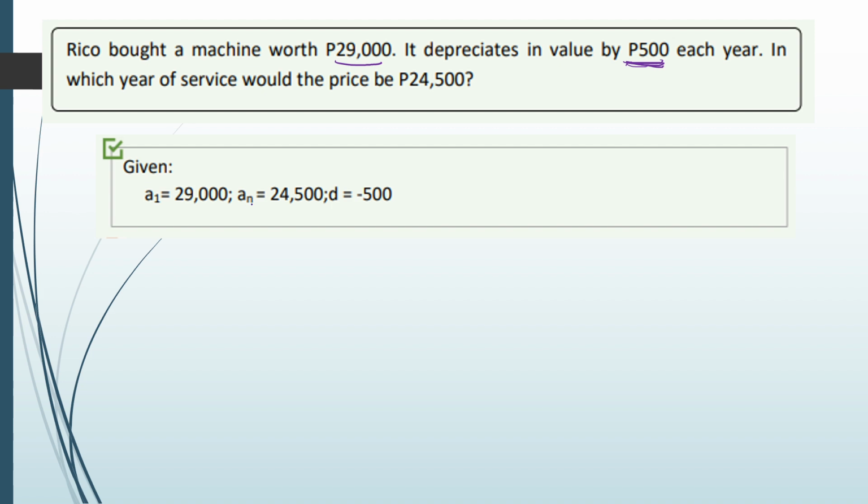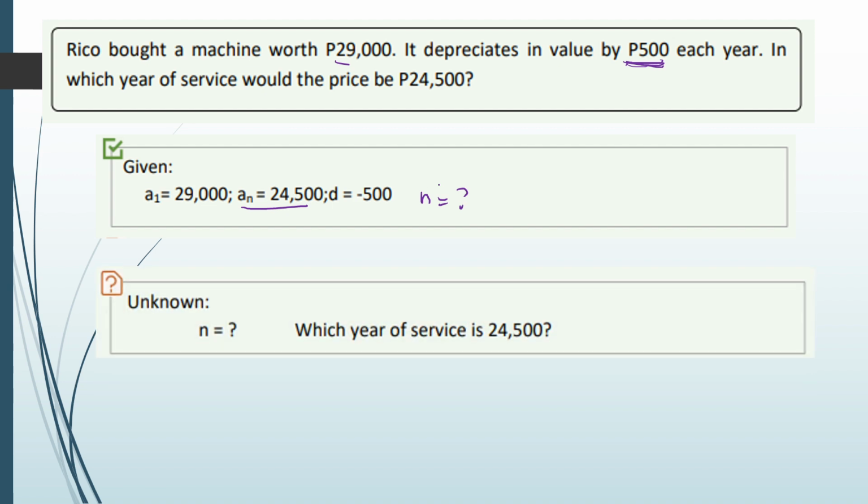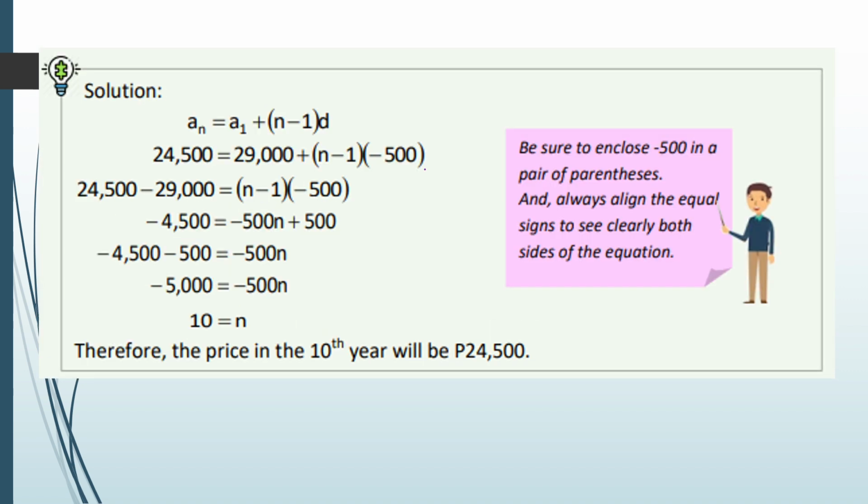So A1 is 29,000, An is the term we're looking for, and d is equal to -500. And n is the missing part. Which year of service is 24,500?